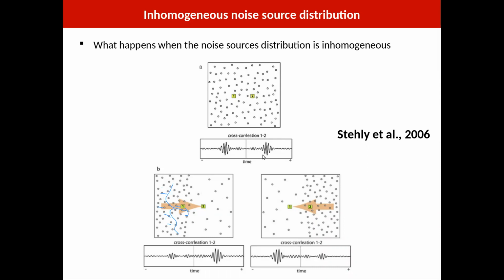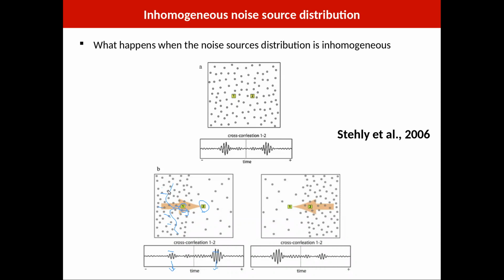So in this case, the signal that you retrieve when you cross correlate the noise from station 2 and station 1 is such that the two signals will have the same travel time between the two stations, but the amplitudes will be different.